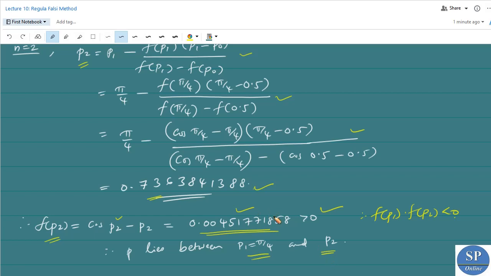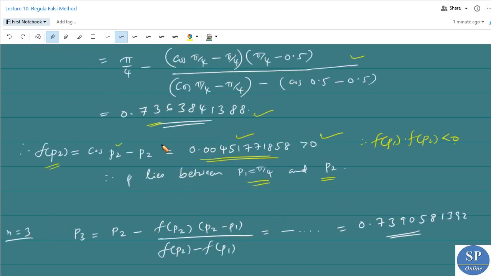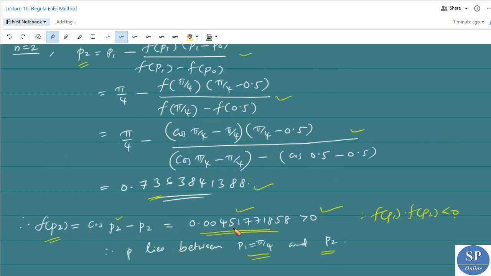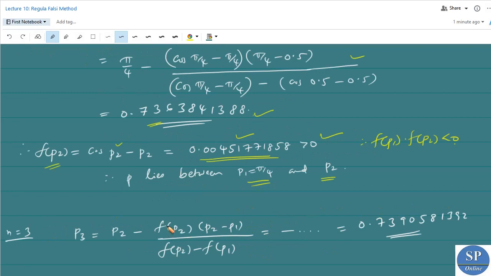So we can use the same formula again for finding P3. Putting n equal to 3, we have P3 equal to P2 minus f of P2 into P2 minus P1 divided by f of P2 minus f of P1.